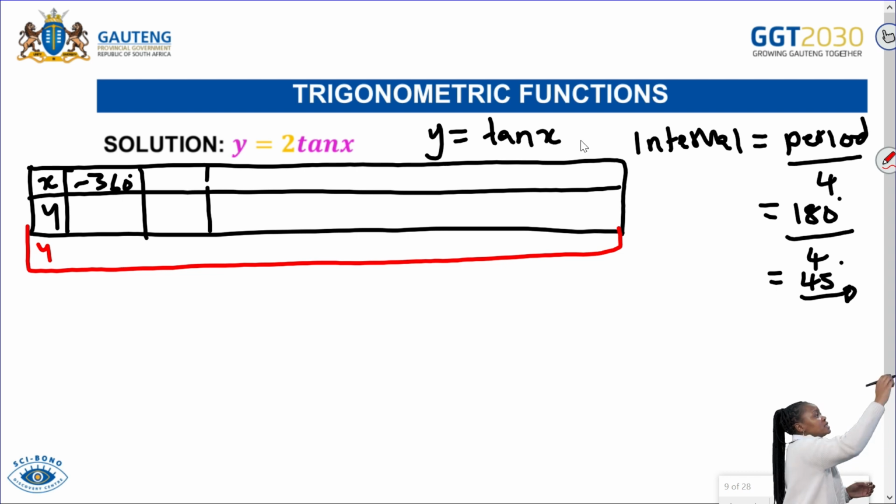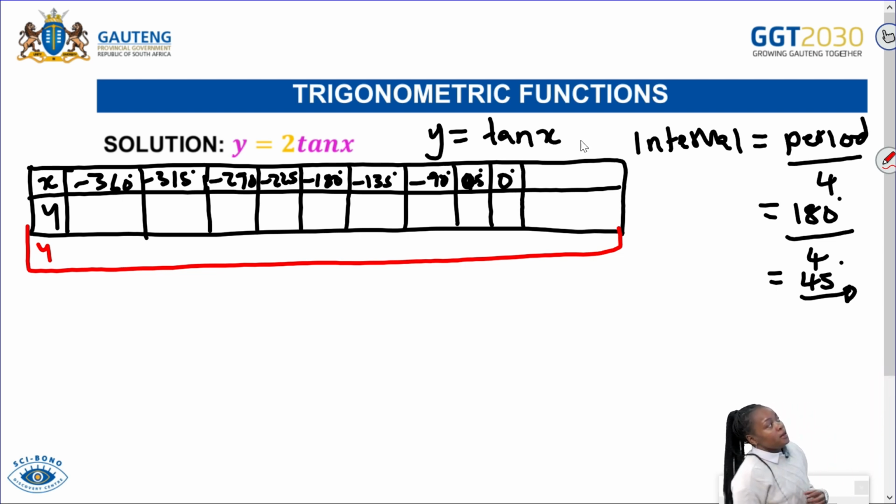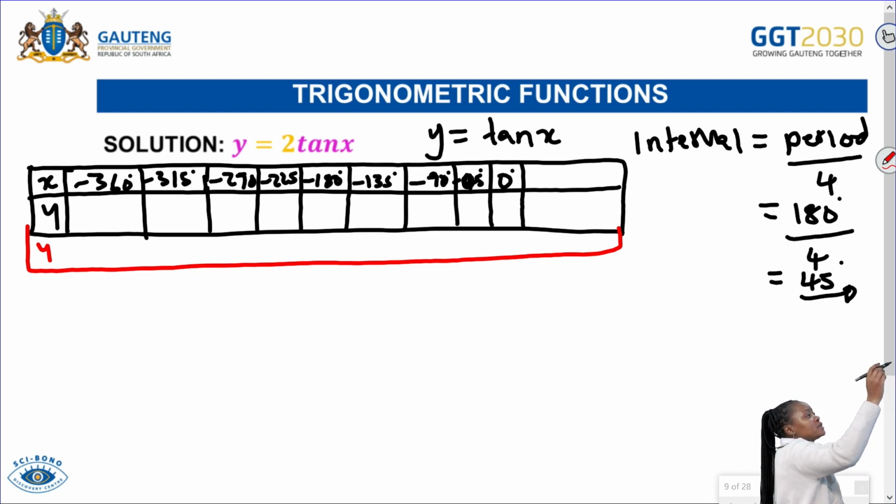So it's going to be negative 360, negative 315 degrees, and then negative 270, then negative 225, then negative 180, then negative 135, then negative 90, then negative 45 degrees, then 0 degrees. This one is a bit long, and this is 45. Let me fix it.